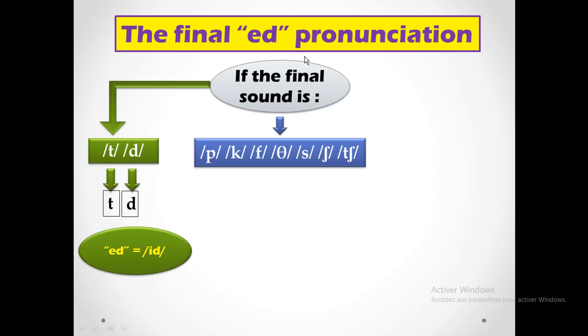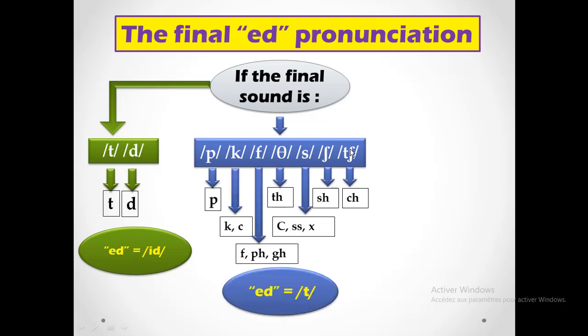If the final sound is p, k, f, th, s, sh, and ch, the final ed is pronounced t. Now p, it is written with p. K, it is written with k and c.